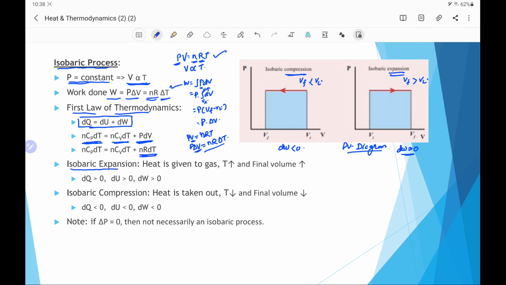In isobaric expansion, as we have mentioned, because the volume increases, hence work will be positive, and for expansion, heat will be given because pressure remains constant, hence this dU, that is the change in internal energy.